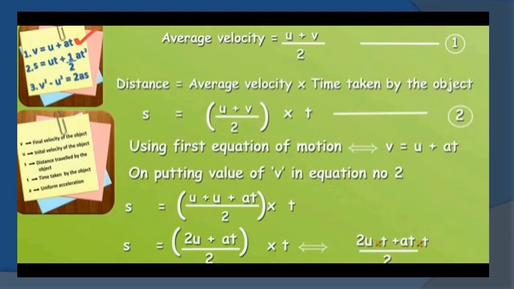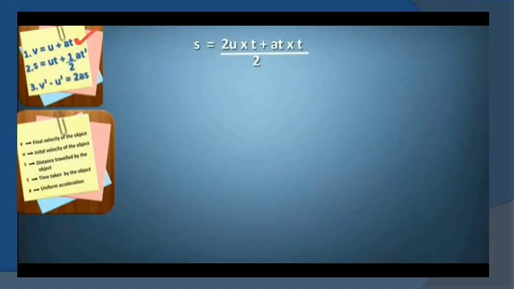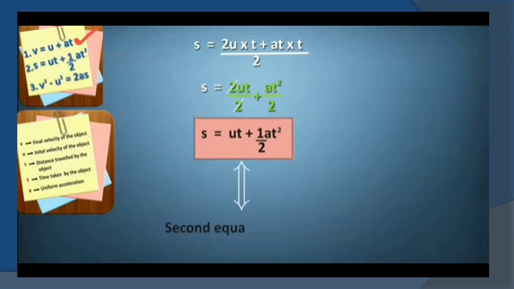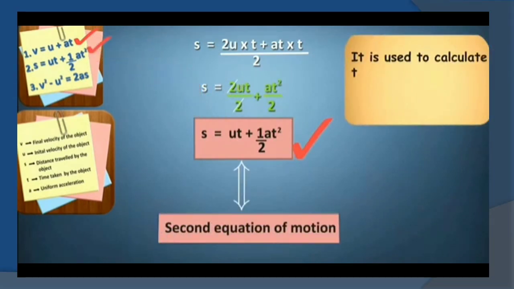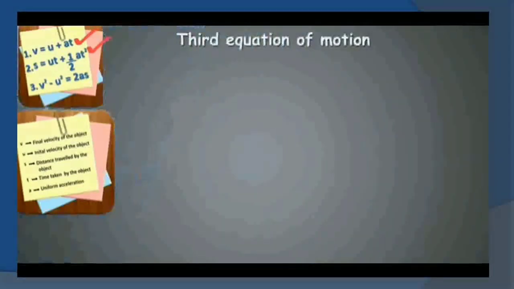So here s is equal to 2ut upon 2 plus at square upon 2. This should be easy for you. After cutting this, s is equal to ut plus half at square. This is the second equation of motion, and it is used to calculate the distance traveled by the object in time t.